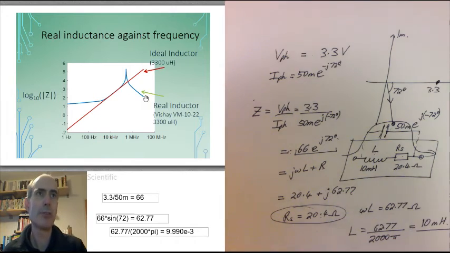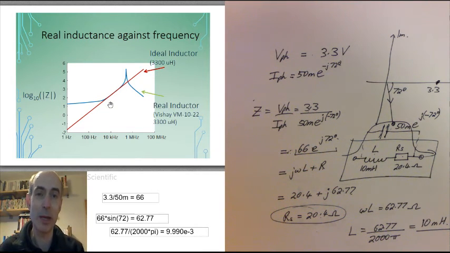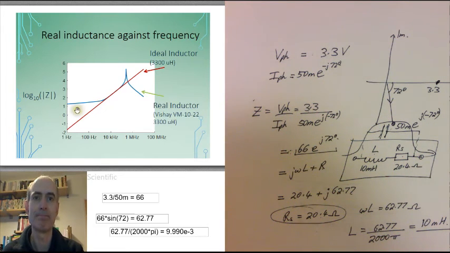And these are values taken from a real inductor datasheet. Note there's only really a quite small range of frequencies, a couple of orders of magnitude, in which you can assume that the inductor is behaving like an ideal inductor.